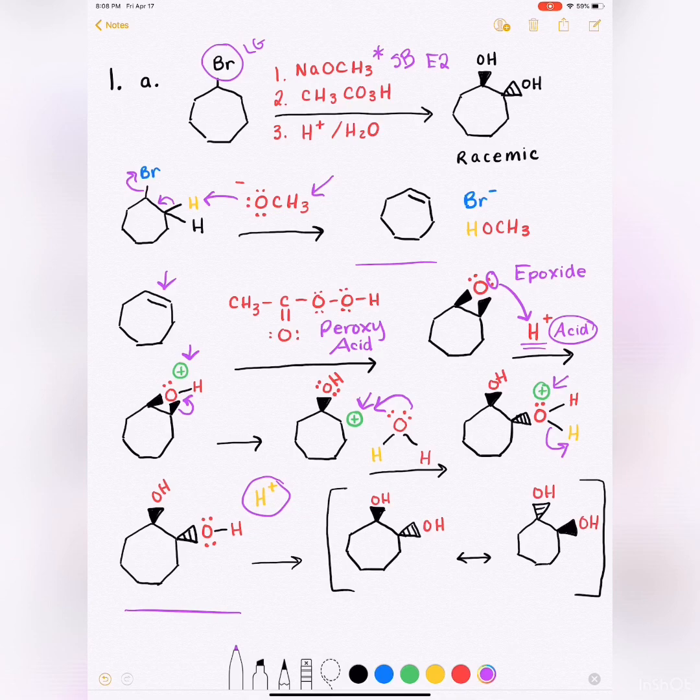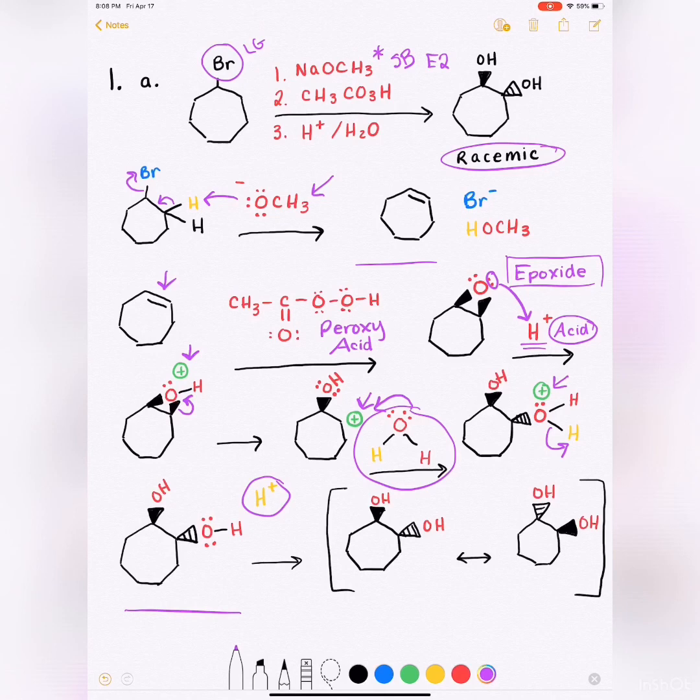Now you might have recognized that this is a racemic mixture, meaning that we have both conformations of this molecule. And that all depends on the synthesis of the epoxide. Depending on what side of the ring the oxygen is added will determine what side of the ring the first OH group is on, and consequently the side the water molecule will attack.